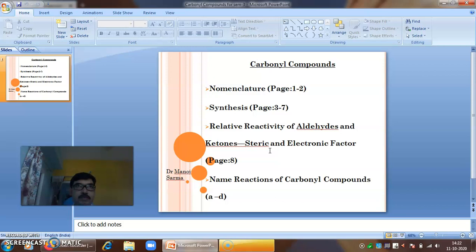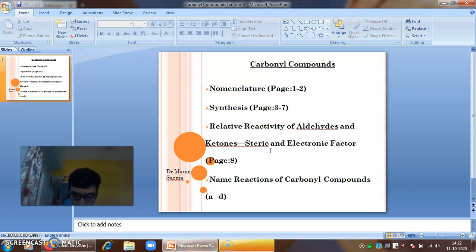That means the longer the chain, the more hydrophobic the character. Okay, that means these are less soluble when the chain length is longer.